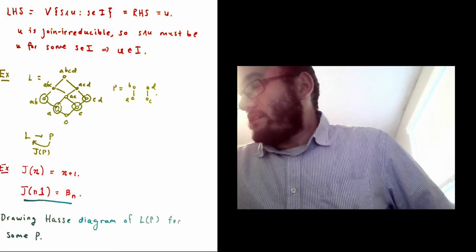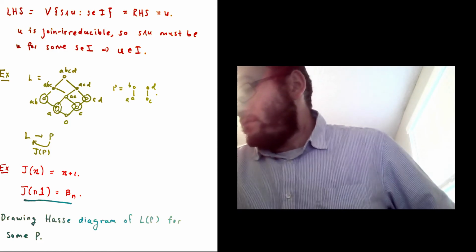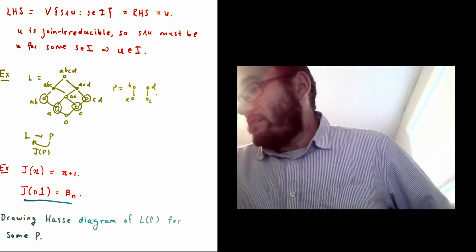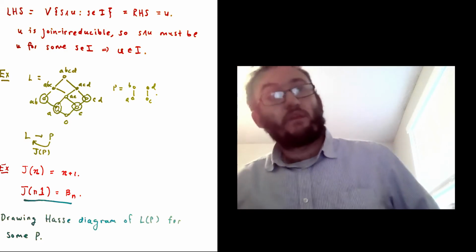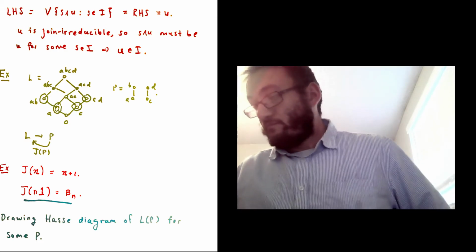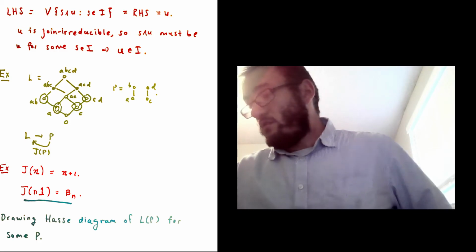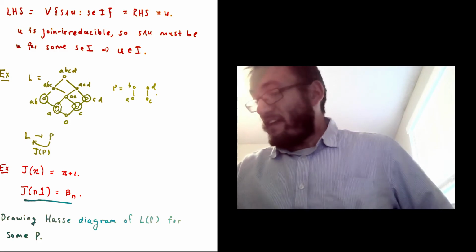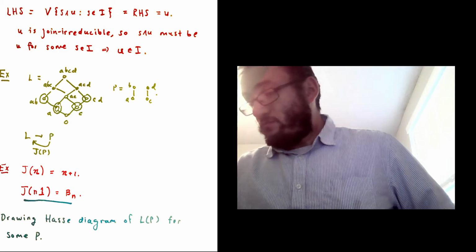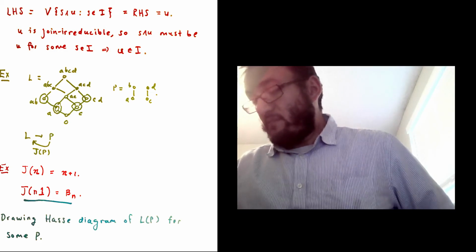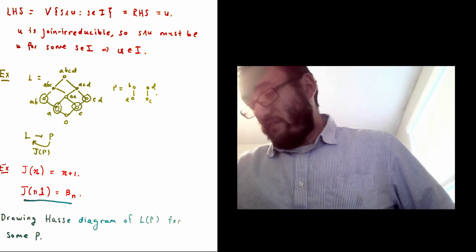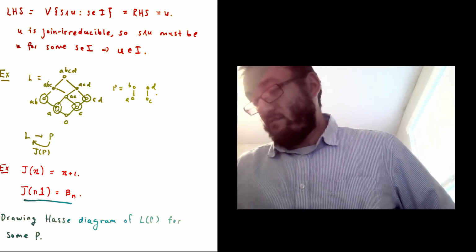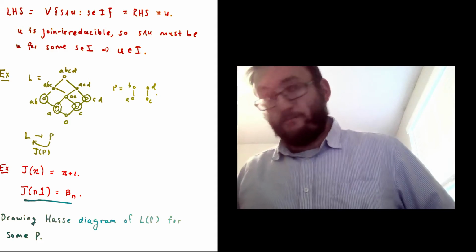This is the order ideal of AC. This is ACD. This is ABC, and this is ABCD. Okay? So that's how you can show that starting with a lattice, you can go to its subposet of join irreducibles, and then go back via JFP. Okay?